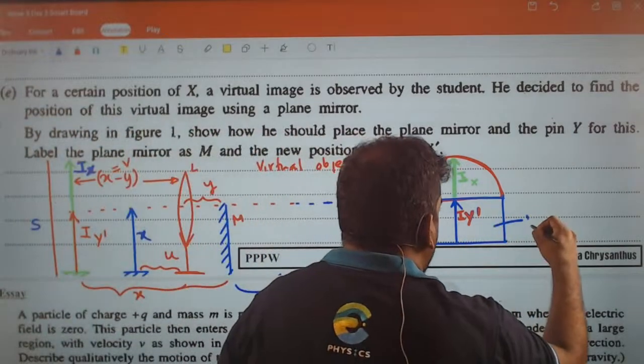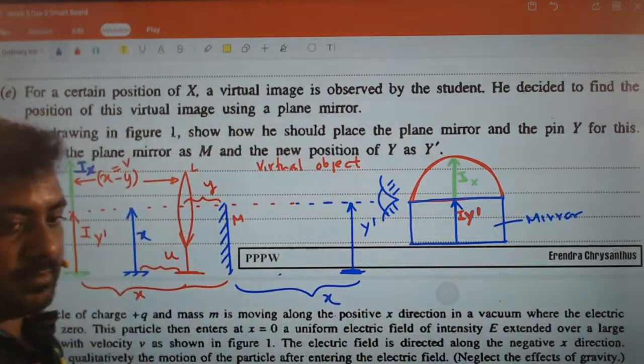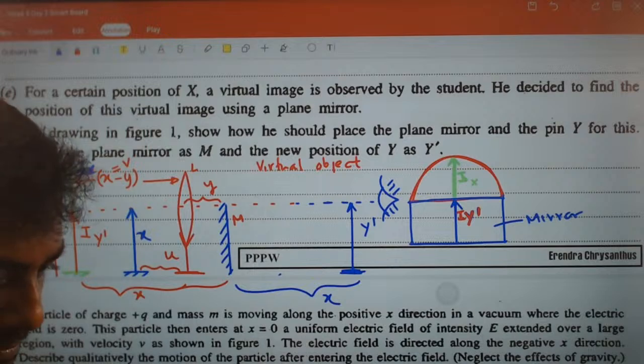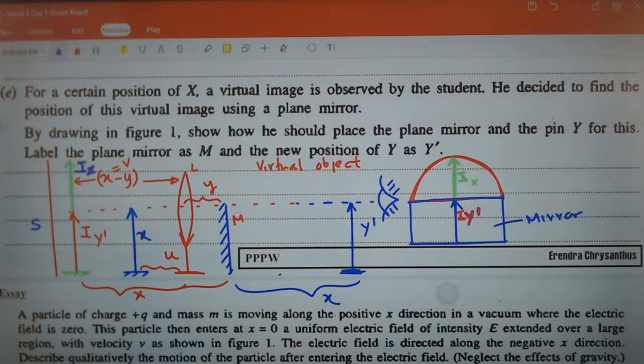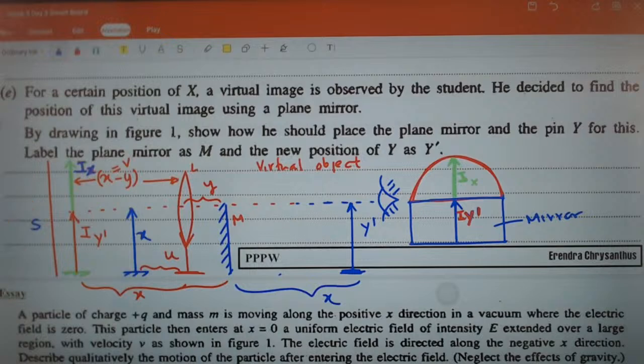Through the mirror we can see the image of y dash. And through the lens we can see the image of x. Image of x.